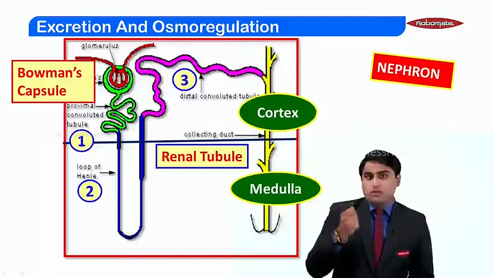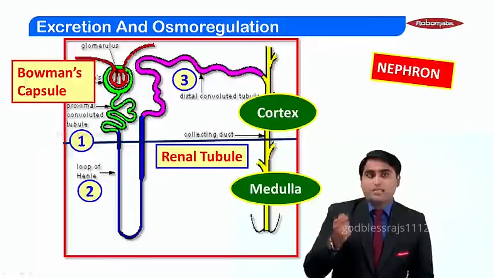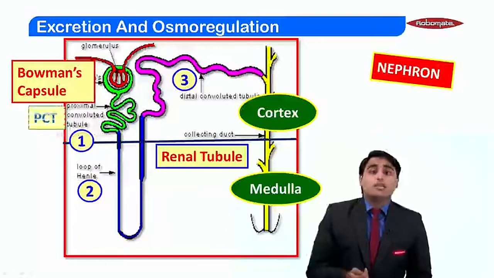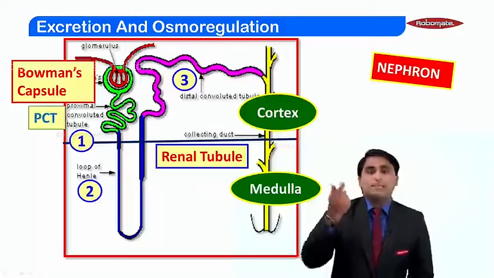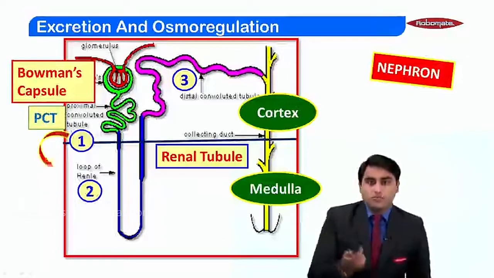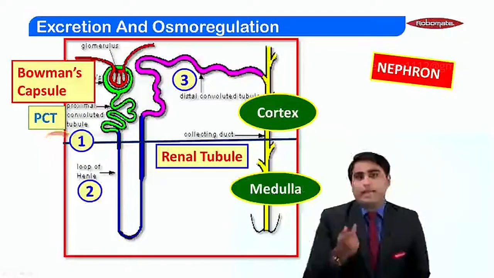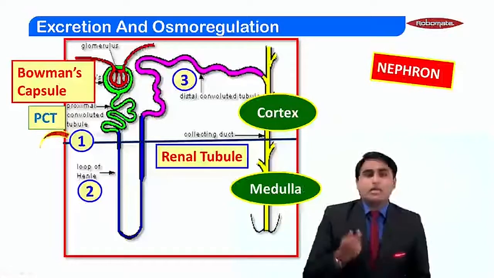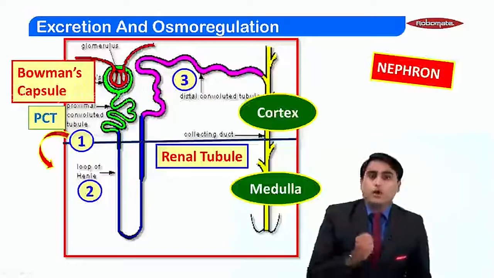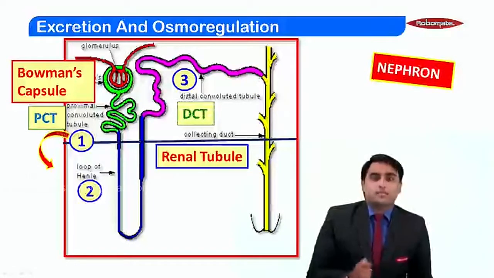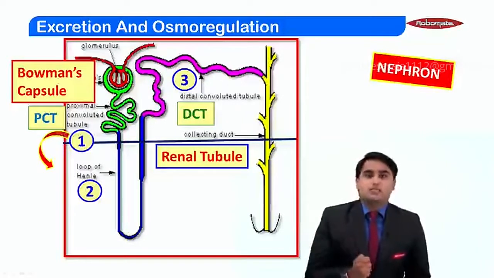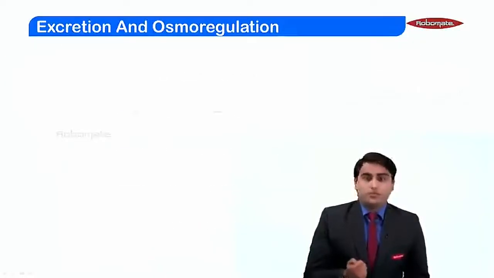The proximal convoluted tubule continues as a U-shaped structure into the medulla, which is termed the loop of Henle. So the PCT continues as a U-shaped structure called the loop of Henle, which is situated inside the medulla. Now this loop of Henle once again comes into the cortex and forms the distal convoluted tubule, abbreviated as DCT. That was the parts of the nephron.